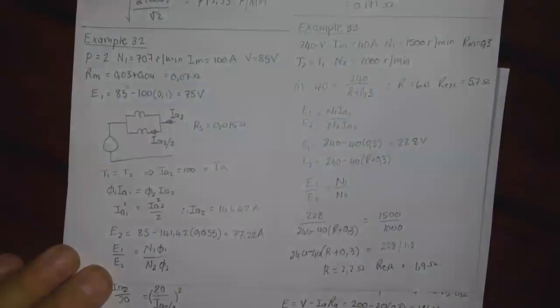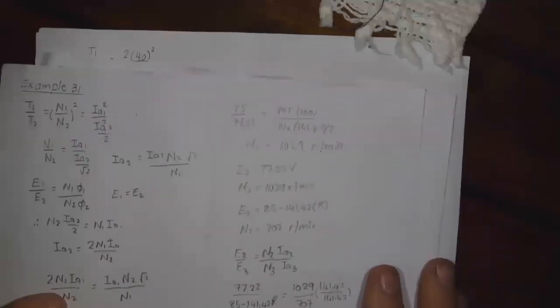And then again we say E1 over E2 is N1 flux 1 over N2 flux 2. So 75 divided by 77.22 is 707 times 100 divided by N2 times 141.42 divided by 2.